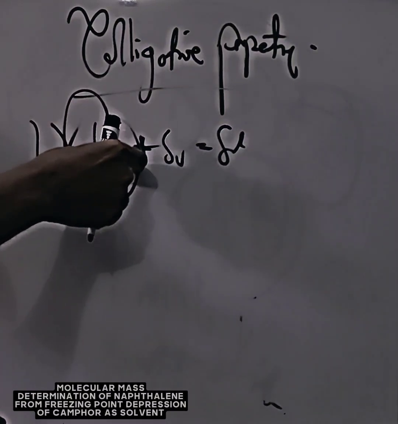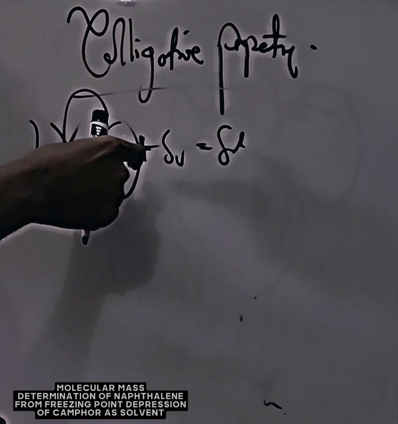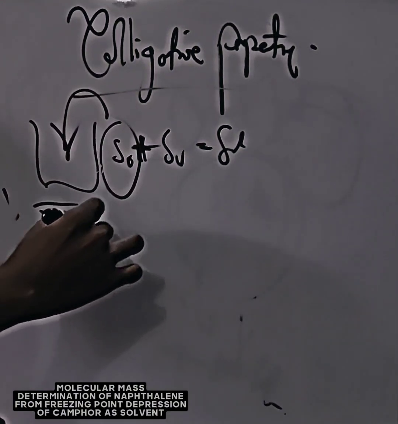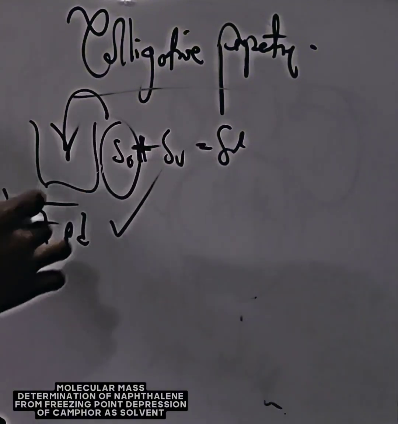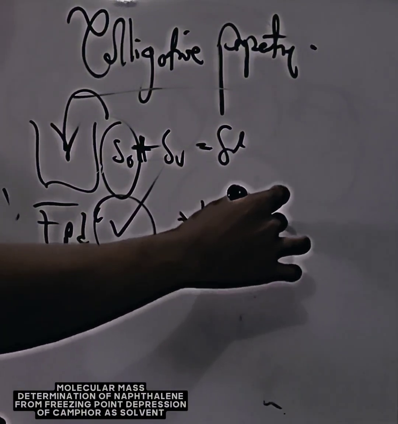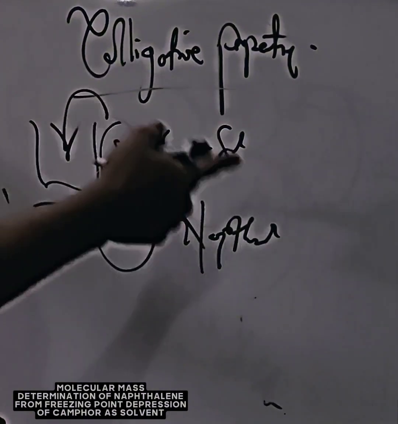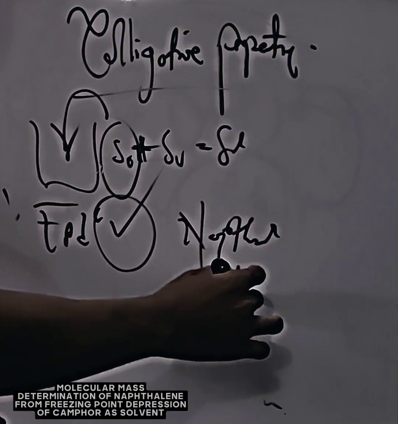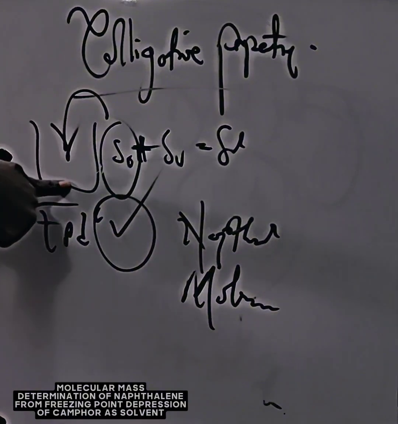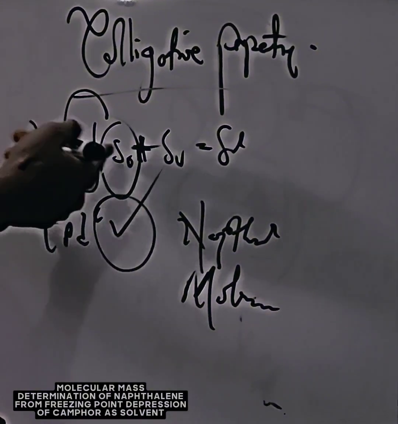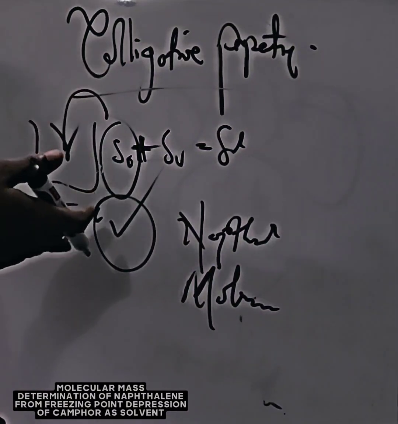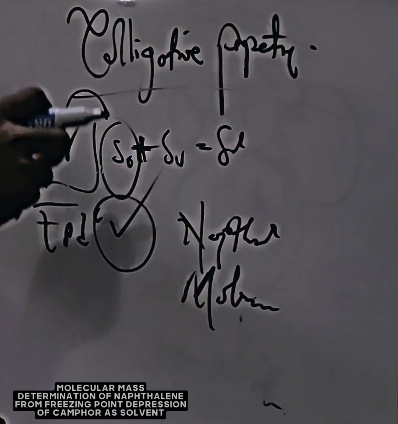So if we're able to employ freezing point depression, which is a colligative property, it's going to help us to know the amount of solute. In other words, the molecular mass of the solute, being naphthalene, in the camphor, which is going to serve as our solvent, making up the solution. So colligative property is a physical property of solution that depends on the amount of solute.